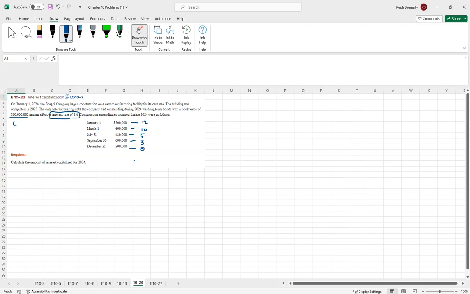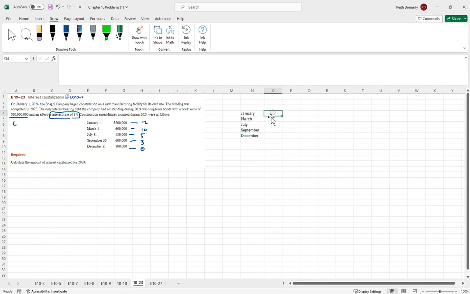What we're going to do is, we got January, March, July, September, and December, all at the end of the month. We're going to take the expenses with it.